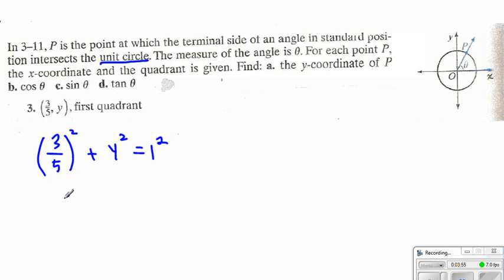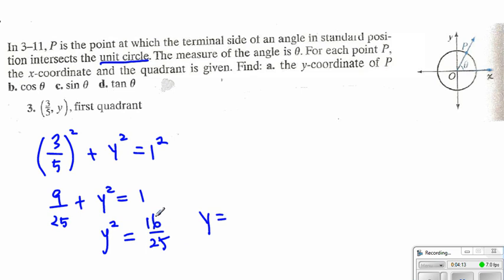Here we have 9 over 25 plus y squared must be equal to 1. That means y squared, by subtracting 9 over 25 from both sides, is 16 over 25. Then y can be positive or negative 4/5, but since it's in the first quadrant, y has to be positive 4/5.